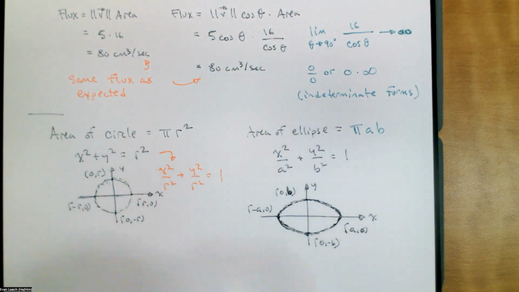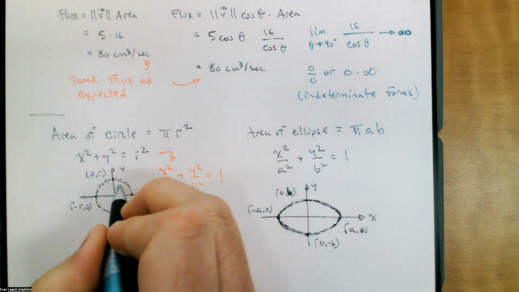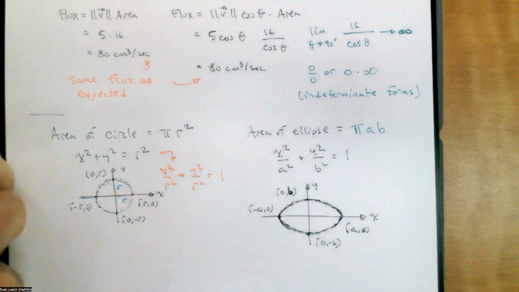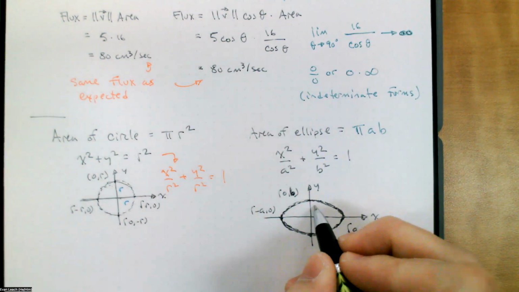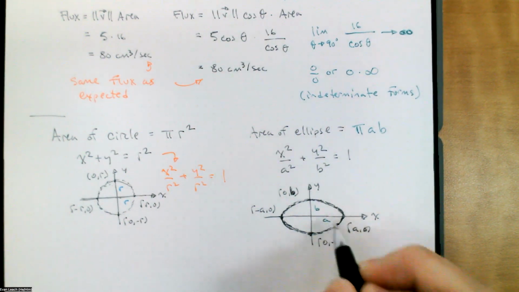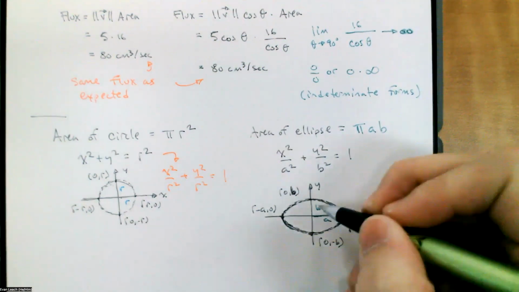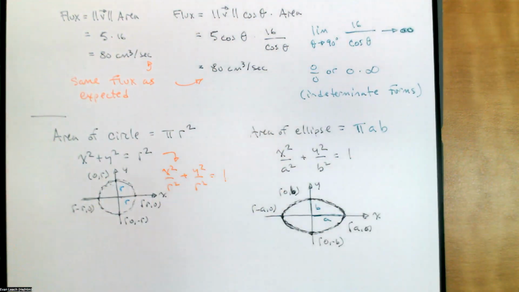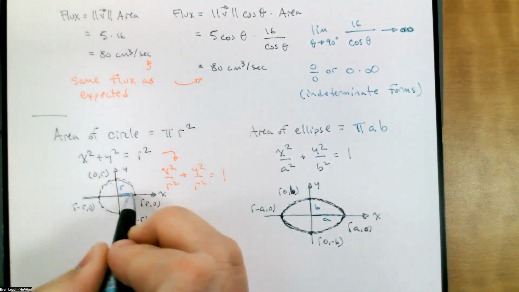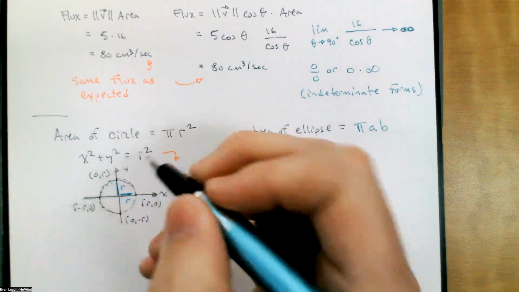So instead of having the same here and here, we've just got different, a, b here and an a down here. If we make those the same, then we get the familiar circle, which is pi r squared.